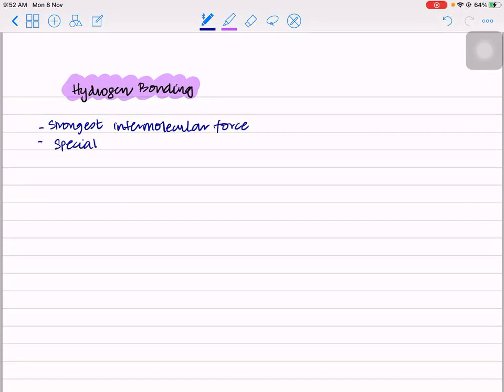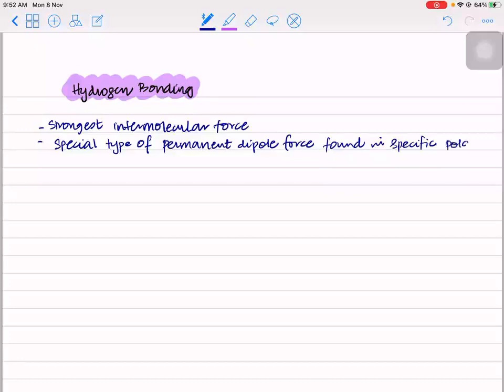So it is like permanent dipole, but it's a special type, and we'll see how it's special because it's not seen in all polar molecules. It's a special type of permanent dipole force found in specific molecules. It is found in specific polar molecules. Not found in all polar molecules, it is found in specific polar molecules.